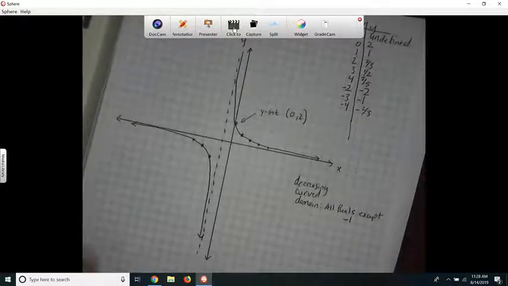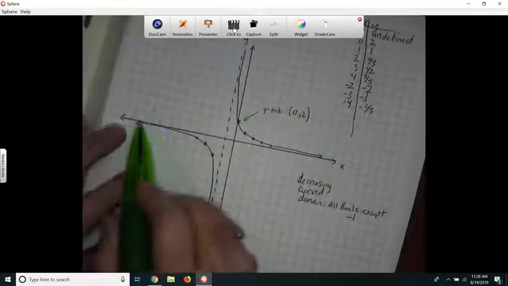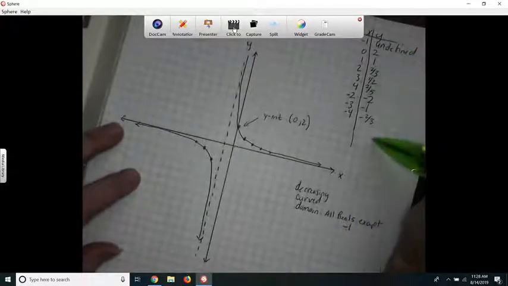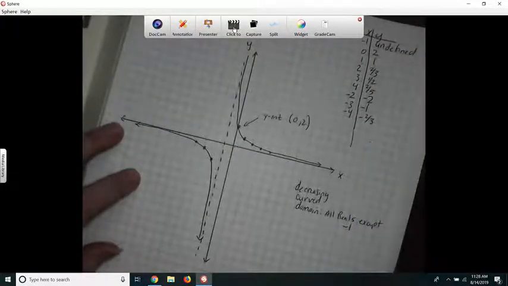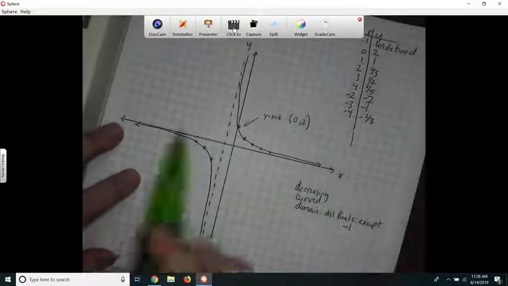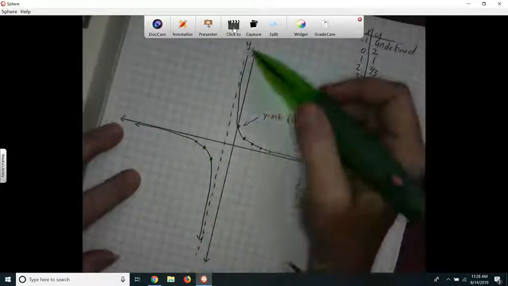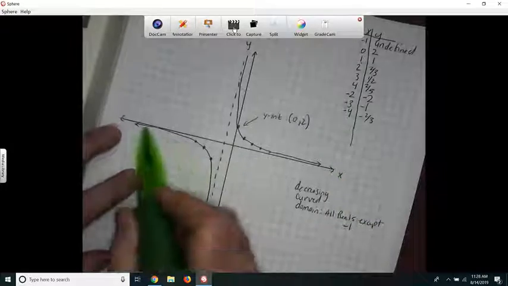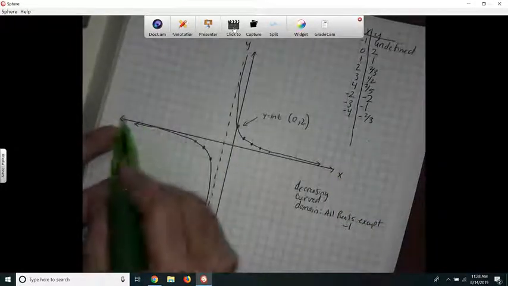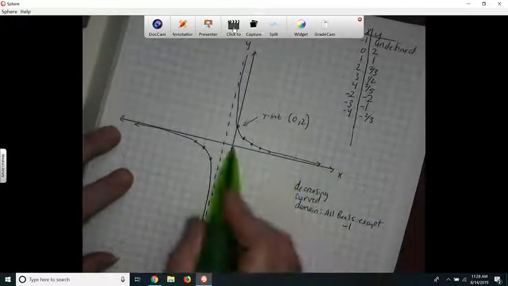Your book says it like this. Your book says x is just not -1. You can write it like this. And it says the range is not 0, y is not 0, because the range is all the y values. Well, when I follow my graph, do you see, this is the only place where y is 0, right there.